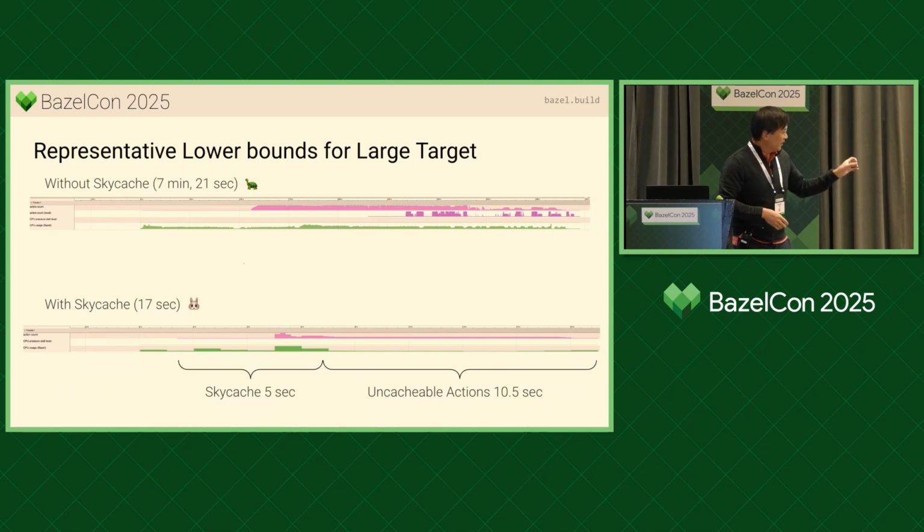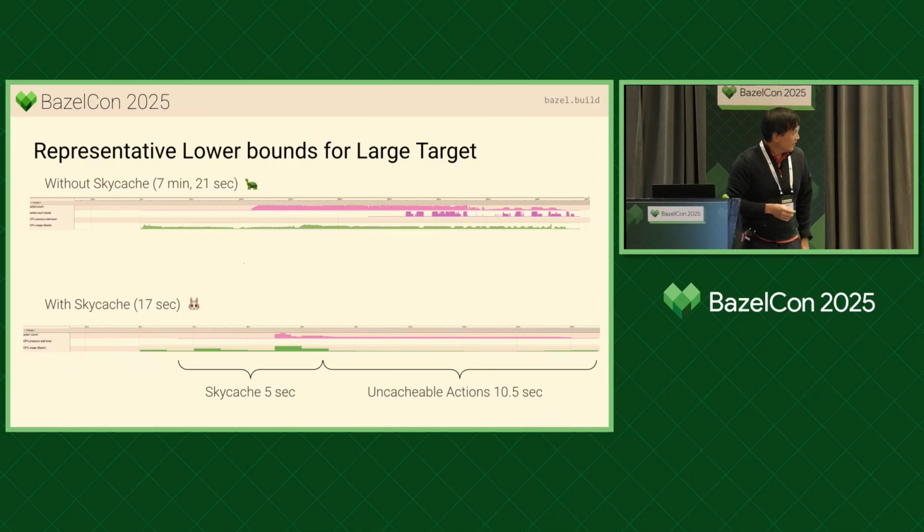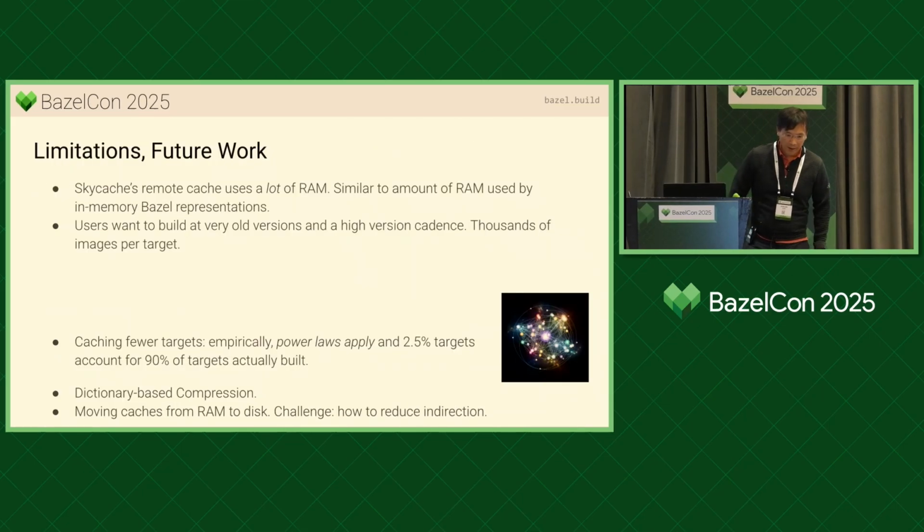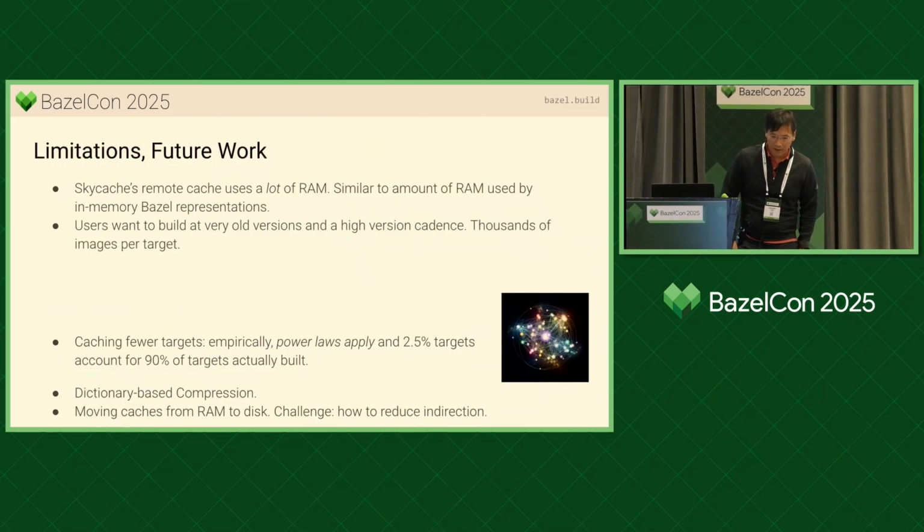It's only 5 seconds. And then there were some actions that are just semantically unshareable, and those are uncacheable, and that takes up the remaining 10.5 seconds. And there's 1.5 seconds of initialization code, 1 second of which I don't know how to account for. I should dig into that.